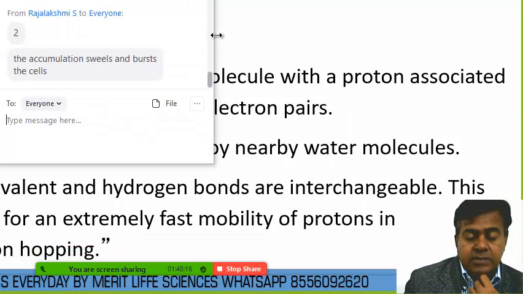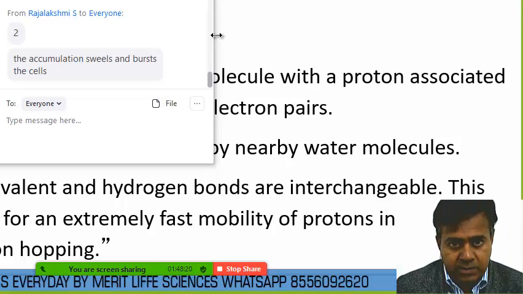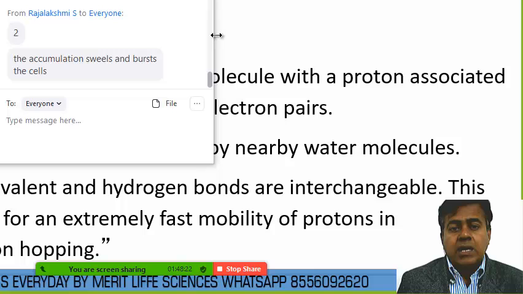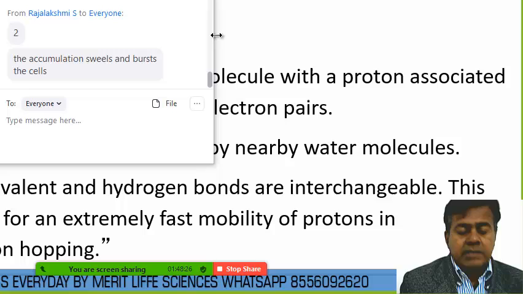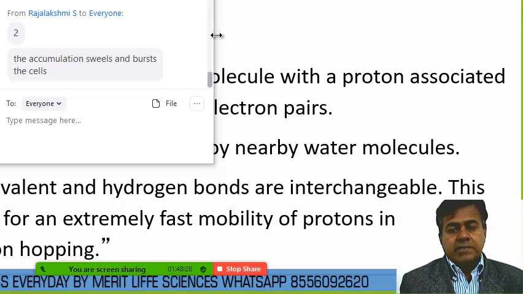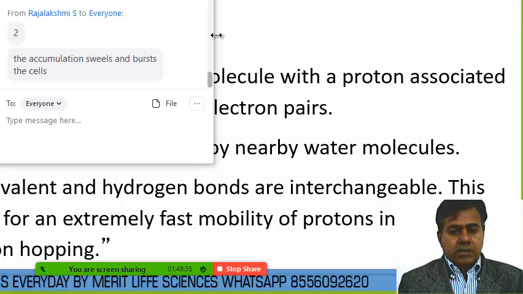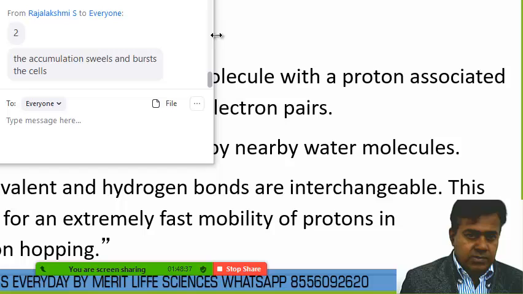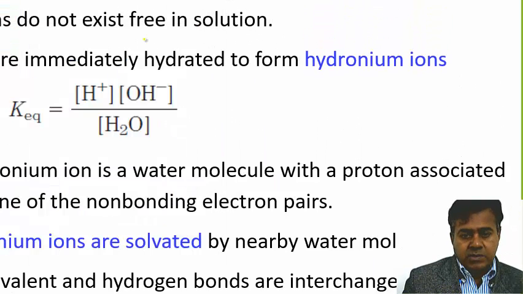To prevent glucose accumulation, because its accumulation has bad consequences for RBC and other cells, right? Swelling may be one option, bursting may be an option, death of the cells may be an option, right? A lot of consequences are there. That's why the continuous glucose removal is there.